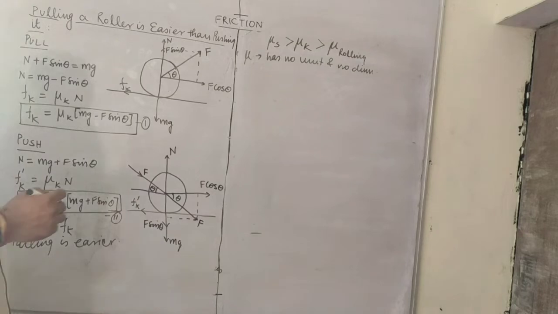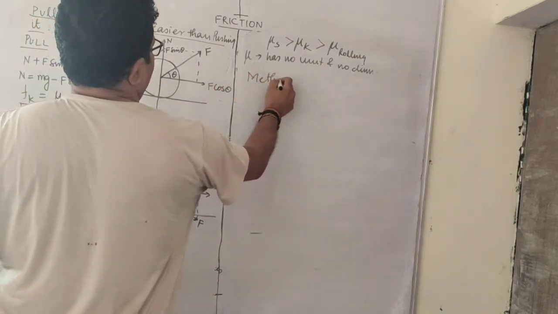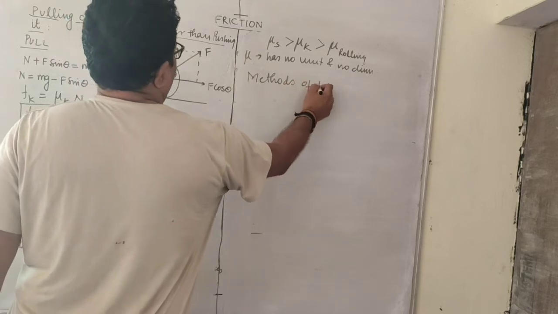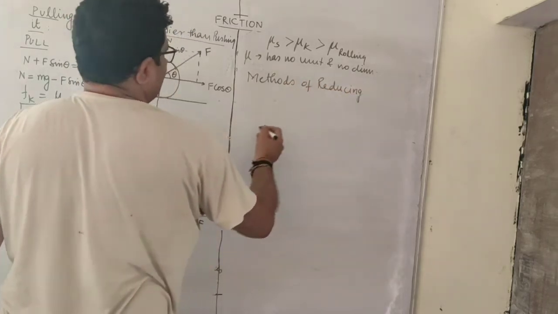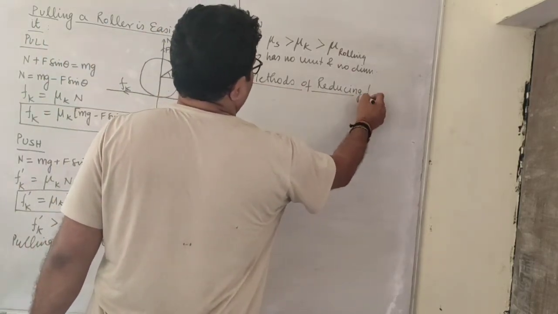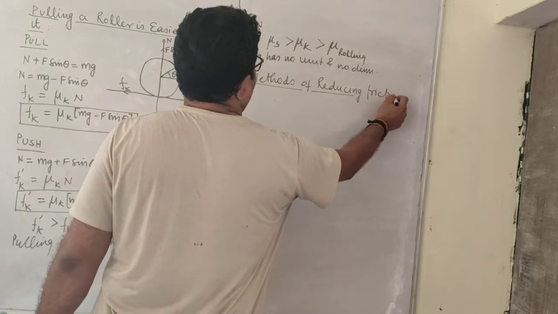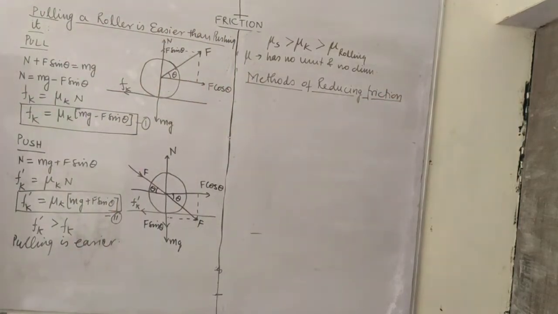Now, methods of reducing friction. This is the last topic of the chapter. Then we will start with the numericals. Methods of reducing friction.